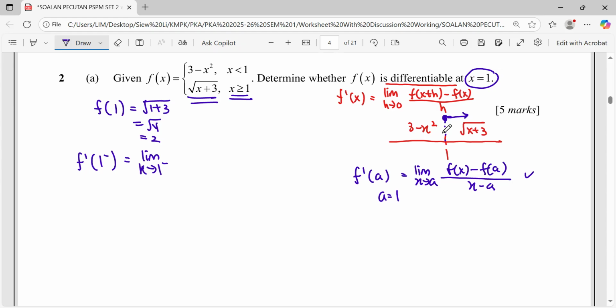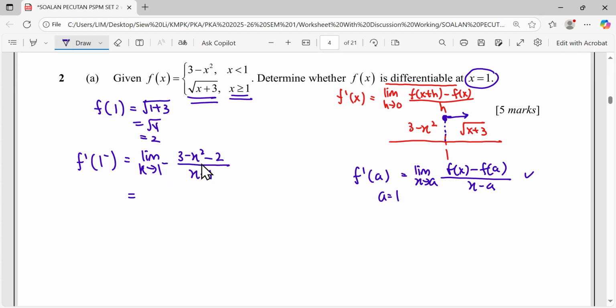For this question we have to split left and right, because we see at the value 1, left and right are different functions. If it is just one function, it is fine, we do it directly. But if you see a piecewise function, then you have to split it, look left and right. So from the left hand side, the function you select will be 3 minus x squared, minus the point, which is 2, over x minus 1.